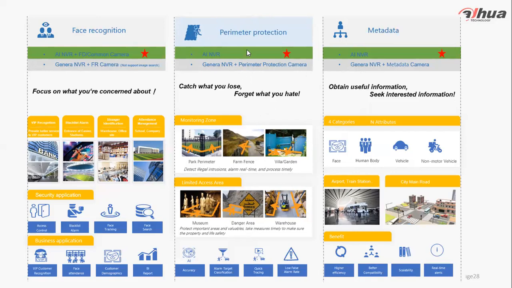The same with perimeter protection: you can have an AI NVR or a general NVR with a perimeter protection camera. So either way, one of the devices has to support the AI function that you need to achieve, whether it's the NVR or the camera. At least one of them has to have the functionality.